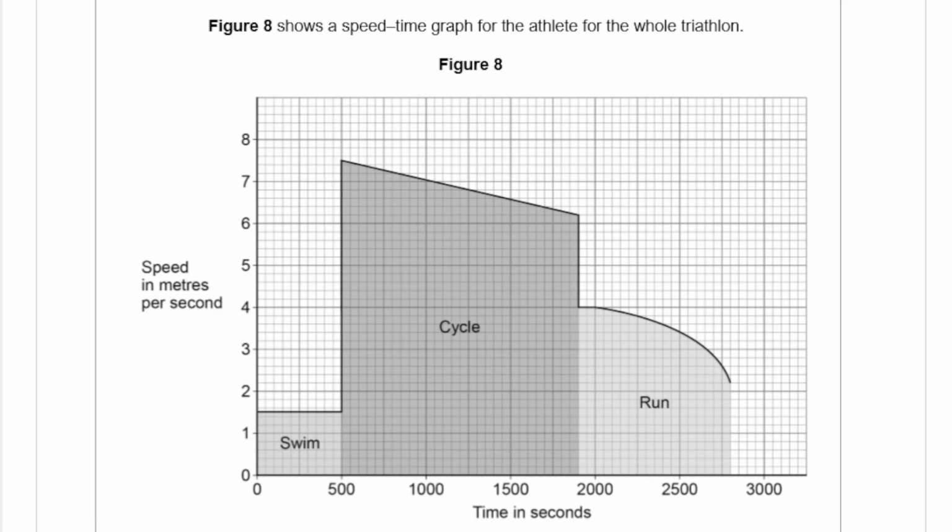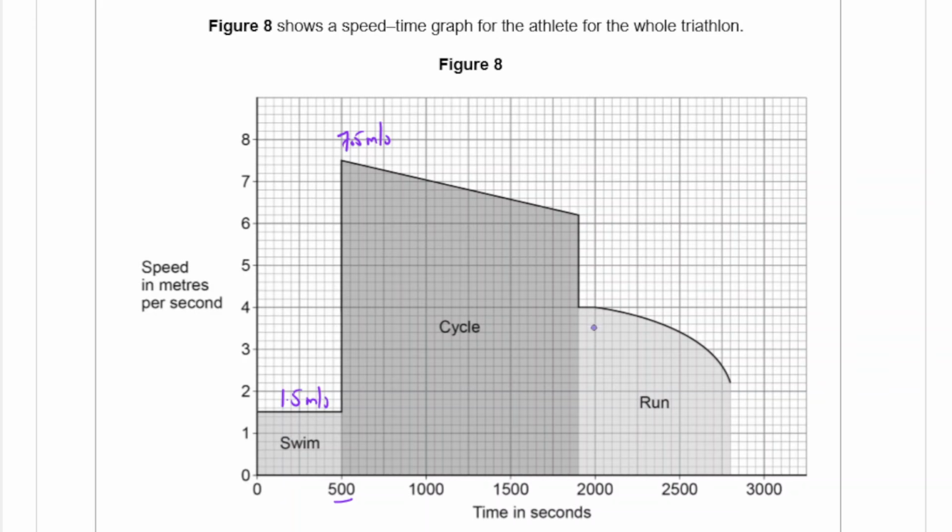Figure 8 shows a speed time graph for the athlete for the whole triathlon. So during swimming, it's 1.5 meters per second. At 500 seconds, cycling begins. So he's starting at 7.5 meters per second.